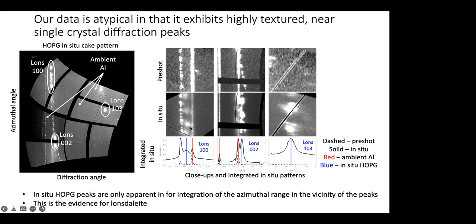And if we integrate over these limited azimuthal ranges, then we can clearly see the appearance of spots at positions that are consistent with lonsdaleite. The reason why this is interesting, and I think groundbreaking, is because this is not something that people typically observe. We are clearly far from equilibrium. We're not just talking about texture here. I mean, these may be single crystal spots, and we don't have that many of them.